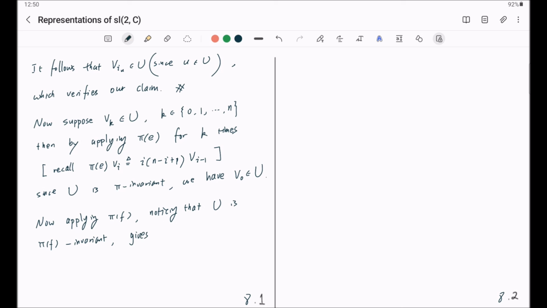Here we recall our definition of pi of f applied to v_i, which is simply v_{i plus 1}.